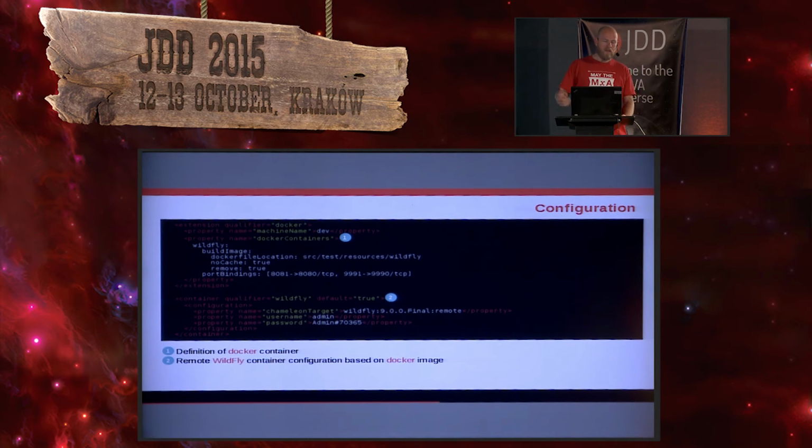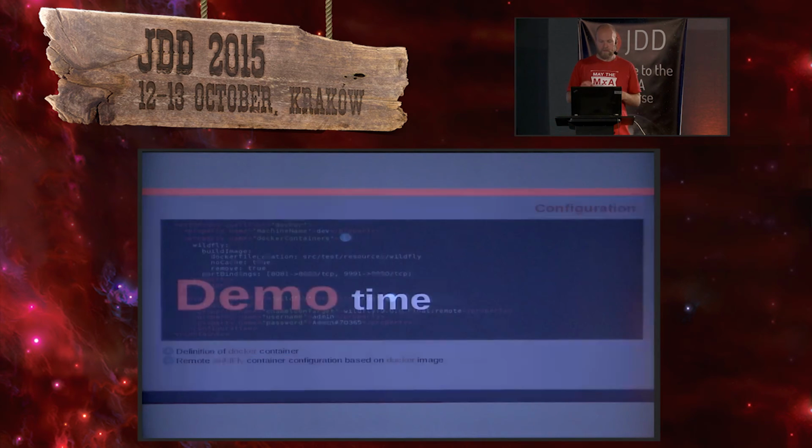So when the container starts up, the Docker one will start up first, of course. Then it has all the IP addresses and port numbers, etc., for that host, so it can configure the remote adapter for you. That's why you don't see any host or port configuration on this remote adapter.